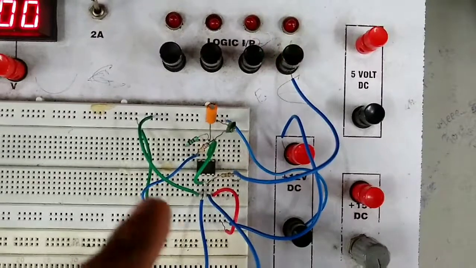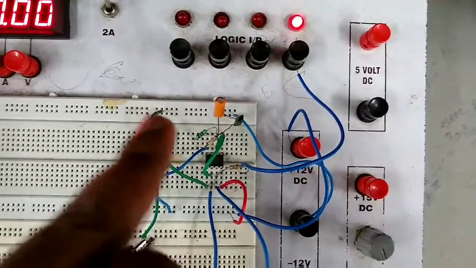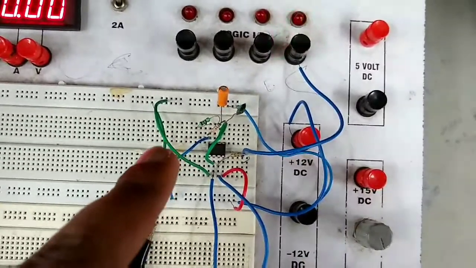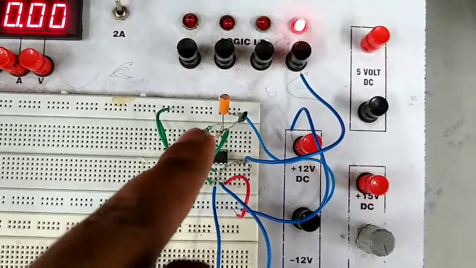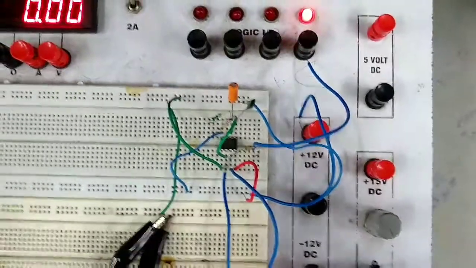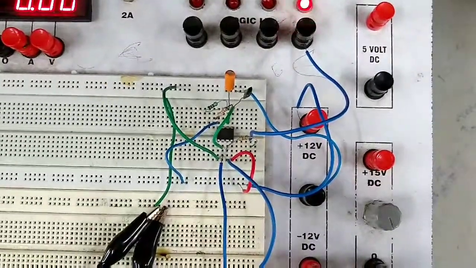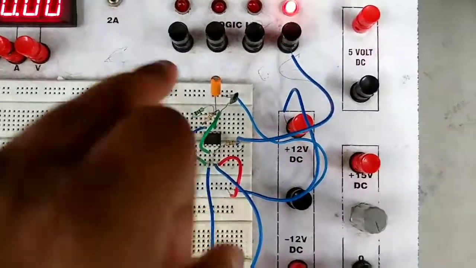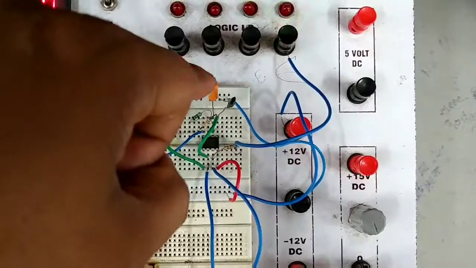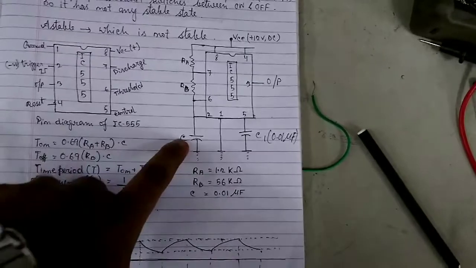Definitely I have decreased the output frequency. The previous circuit had an output frequency of 1 kilohertz, and this circuit has an output frequency of 1 hertz only, because I have increased the value of the capacitor.